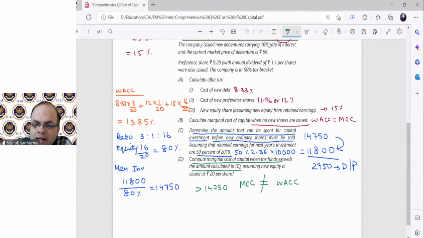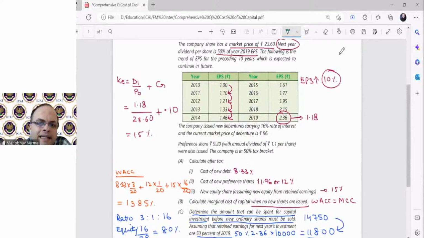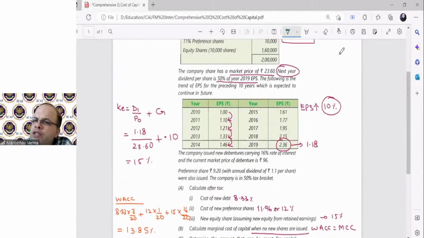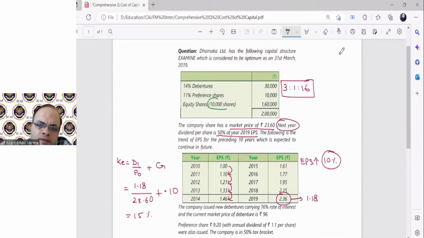Prachi says, how 11,800? Please explain. Prachi, they were talking about the retained earnings for the next year's investment being 50% of 2019. And they've given you earnings per share. So total earnings was 2.36 into 10,000 shares. We have 10,000 shares and earnings per share is given as 2.36.